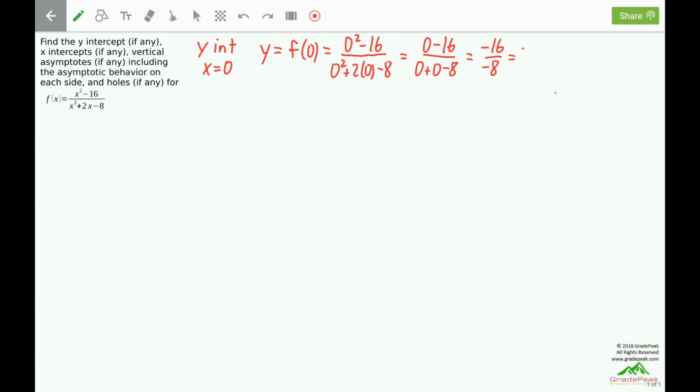The negatives can cancel. 16 divided by 8 is a 2. So the x-coordinate was a 0, and the corresponding y-coordinate is a 2. There's the y-intercept.